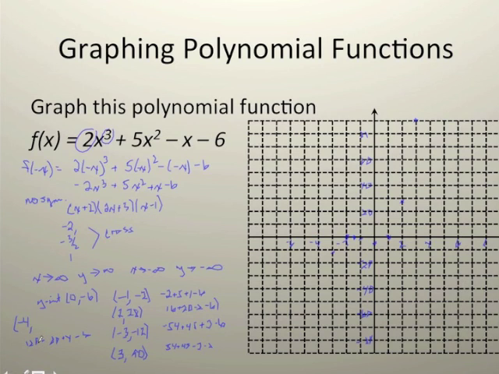So 126 and 80 will give me 206. Okay, so that's going to get big pretty fast here. And I did that just to find out how fast this goes down, which is even faster than that.